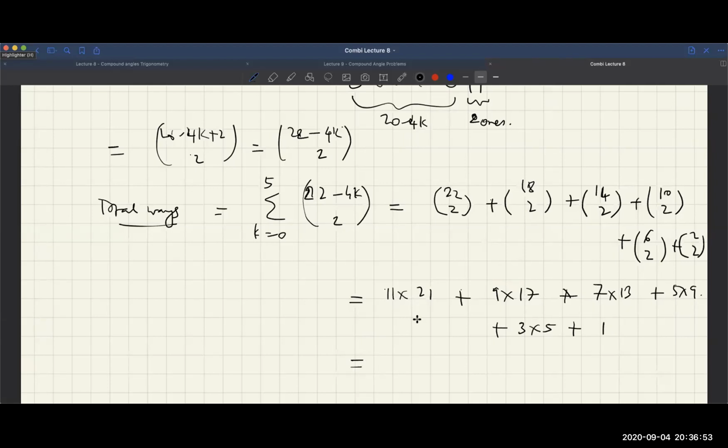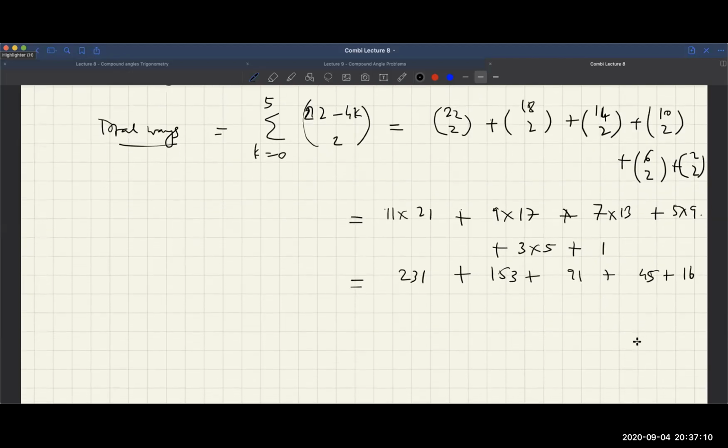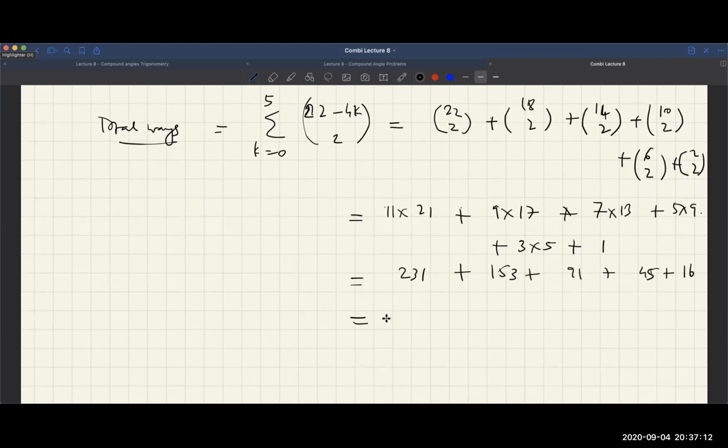Okay, so this comes out to be how much? 231 plus 153, then 13 7s are 91, 5 9s are 45, and 16. So can you just sum this up and tell me what is the answer to this? So I think 536. Can I say that?